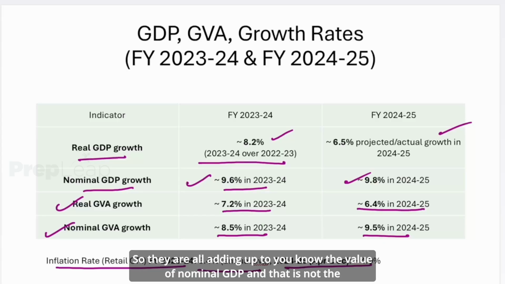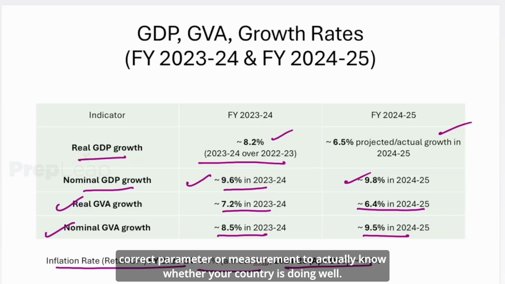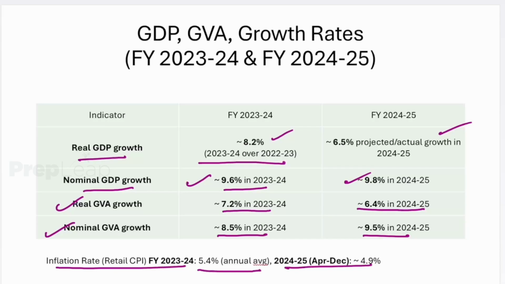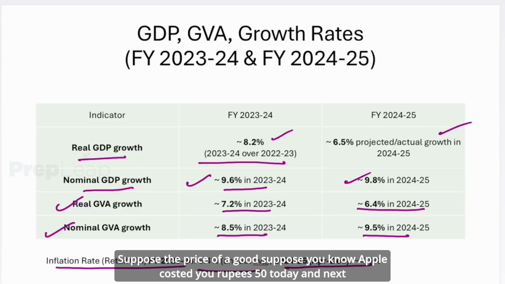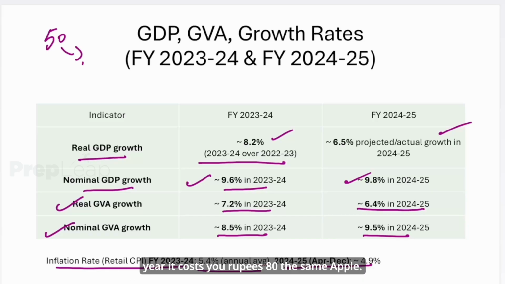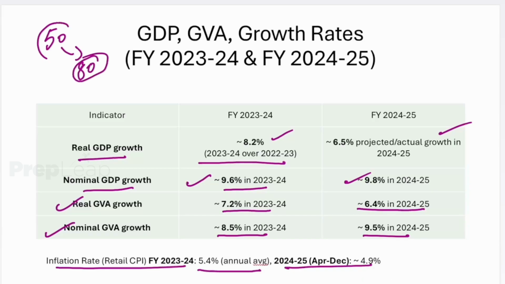So they are all adding up to the value of nominal GDP, and that is not the correct parameter or measurement to actually know whether your country is doing well. Suppose the price of a good, suppose an apple, cost you rupees 50 today, and next year it costs you rupees 80, the same apple.